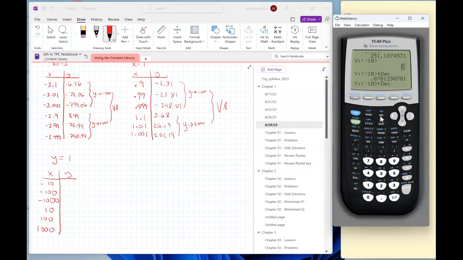So notice my cursor changes to be flashing clear rather than flashing black. So now I can just add in a 0 without overwriting anything. And what do you notice here? If I add another 0 in, so I get -1,000, we're getting closer and closer to 1, just like we hoped, right?